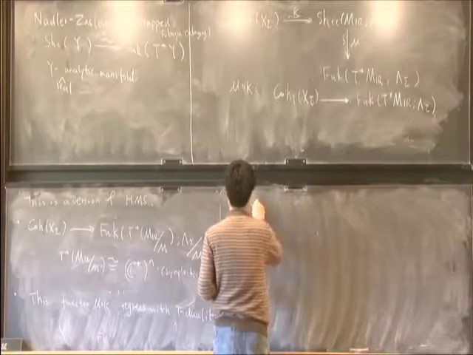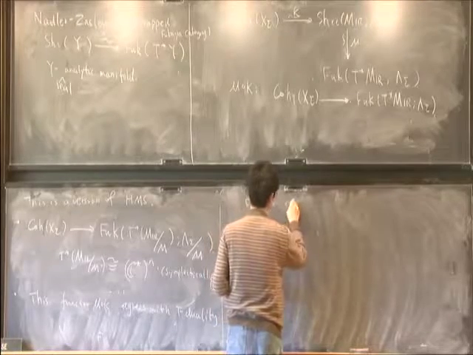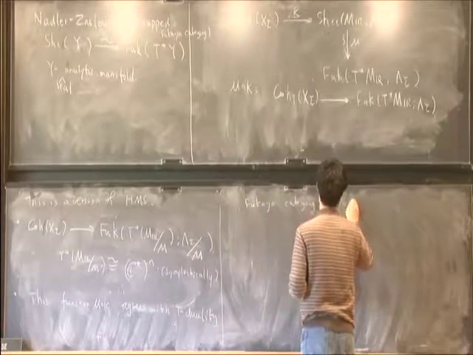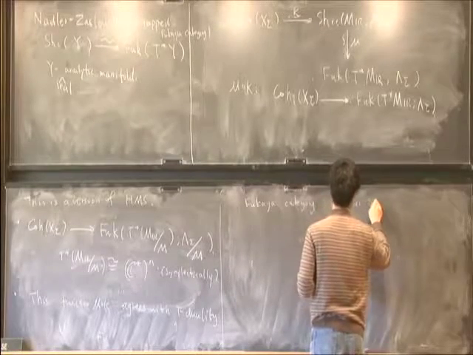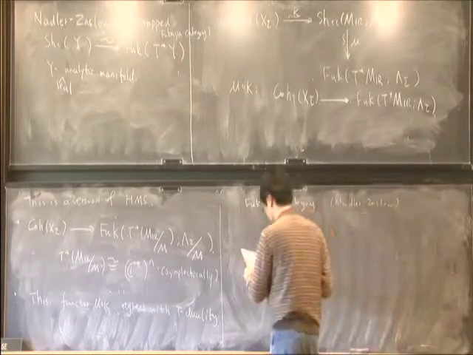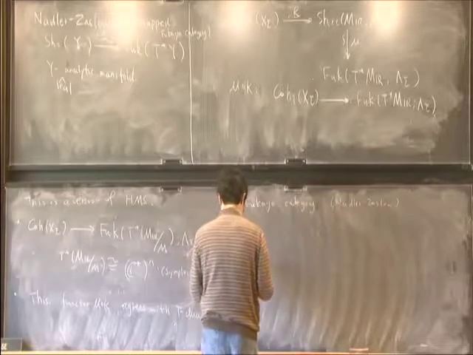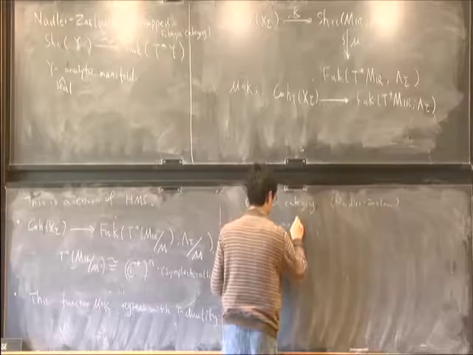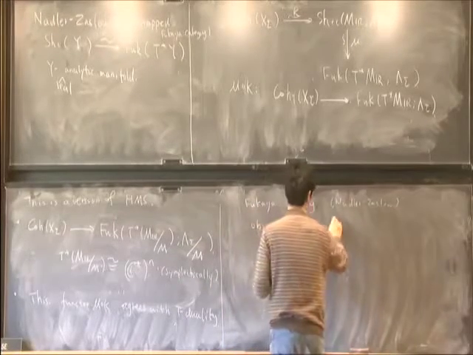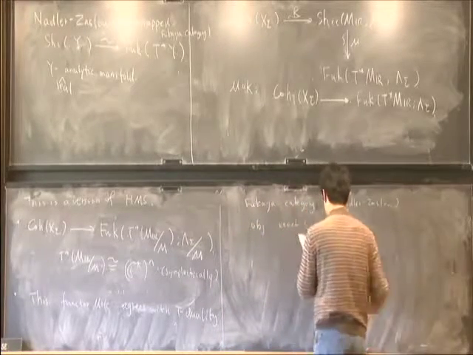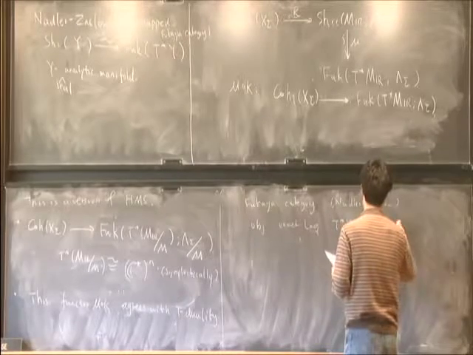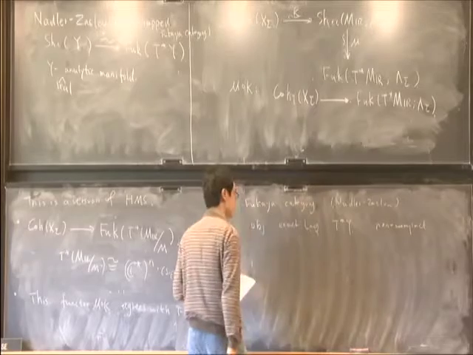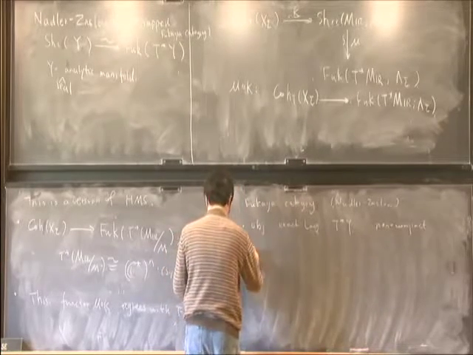So here's the Fukaya category in the sense of Nadler. The objects are exact Lagrangians on T star Y, possibly non-compact, of course with reasonable behavior at infinity.